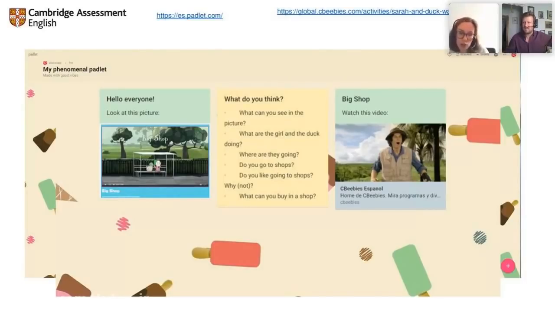We are going to introduce the topic with a picture, asking them to look at the picture and try to answer some questions to get them trying to anticipate some of the content in the video, some of the vocabulary that they are going to find, and also to get them interested. Once this speaking part, which is like the warm-up for the activity, has ended, they are ready to watch the video. They can watch it once and then twice to answer the questions.